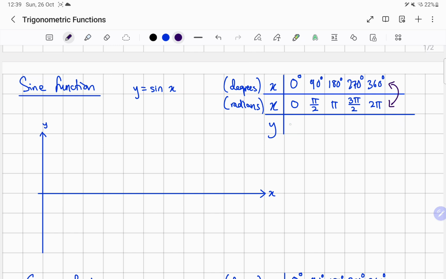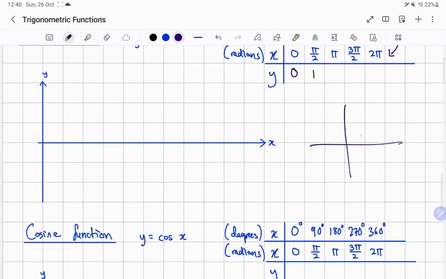Sine of 0 is 0, and what is sine of pi over 2, or sine of 90 degrees? If you go back and look, that should be 1, right? Because if you look at the unit circle that we drew before this, the sine corresponds to the y value. So sine 90 degrees is this blue line here, and this y value will be 1.